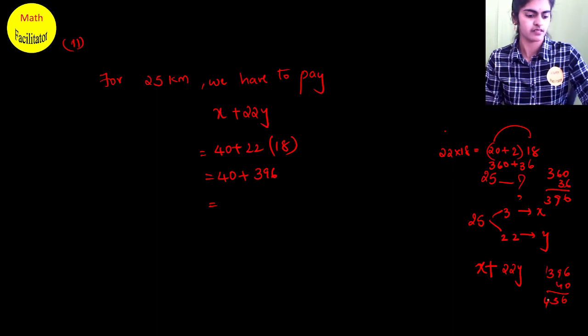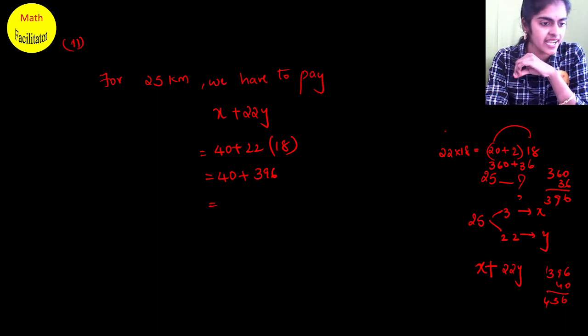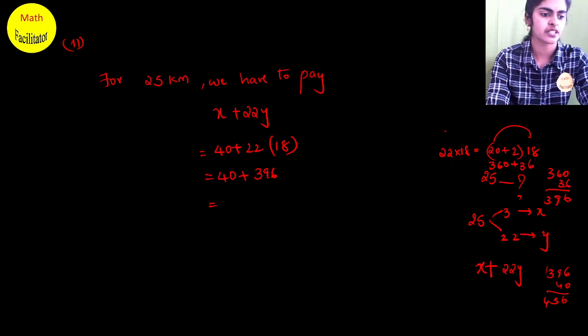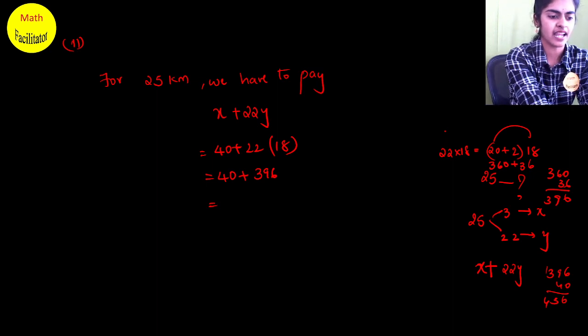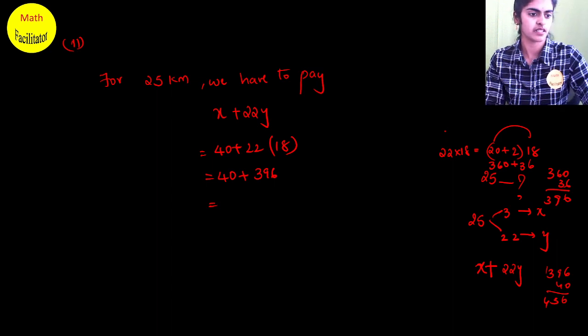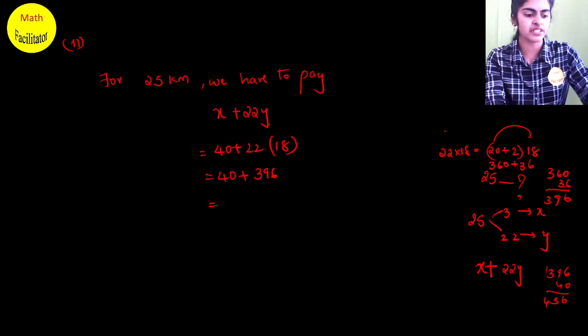436 we are getting. Just give me a second here. X you got it as 40 and variable you got it as how much? 18. Okay. And then we needed to find for 25 kilometer.